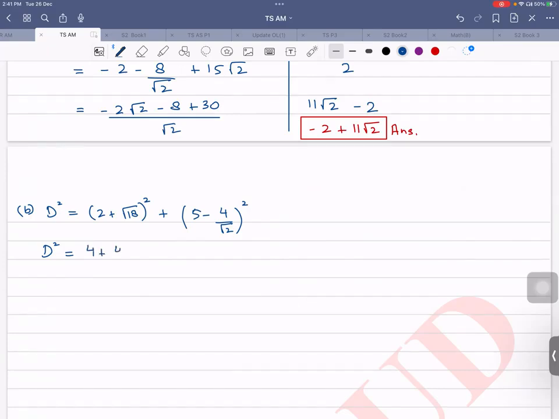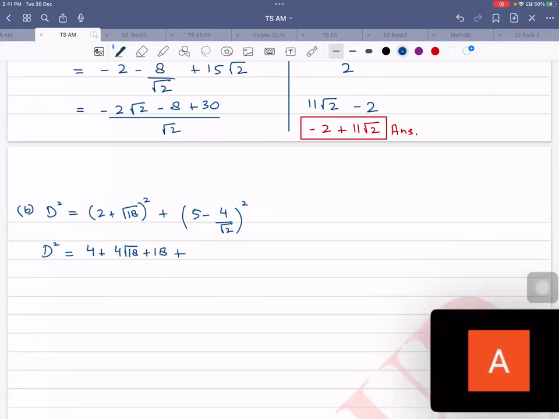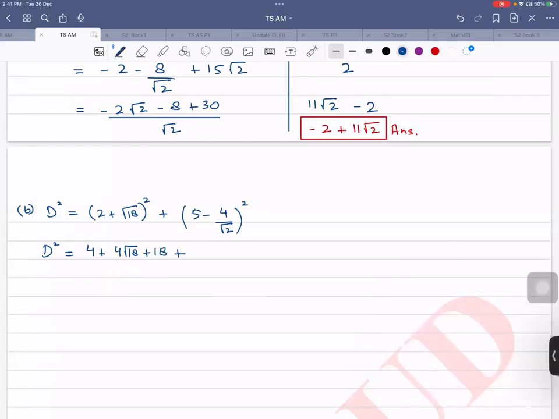A square plus 2ab plus b square. And for the second bracket, it's up to you whether you expand this first or you rationalize this first. So whatever you say. I'm expanding first. Okay.